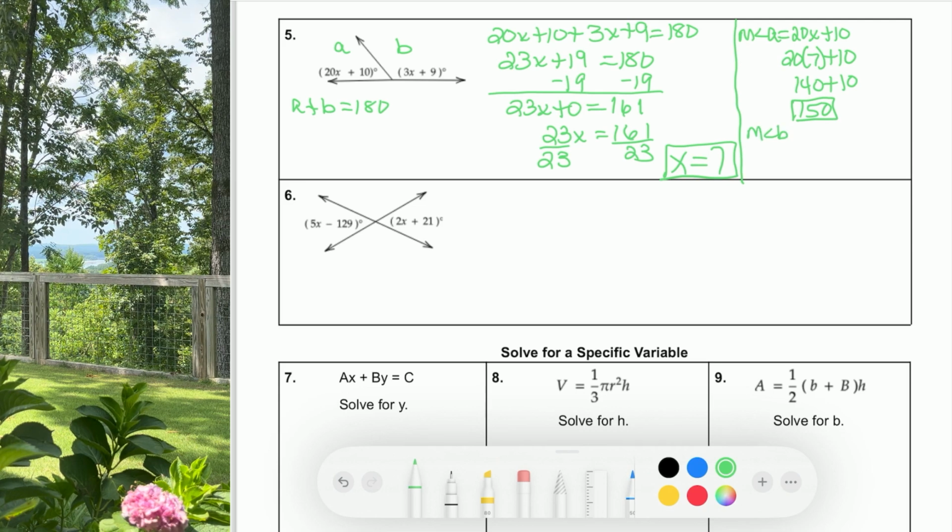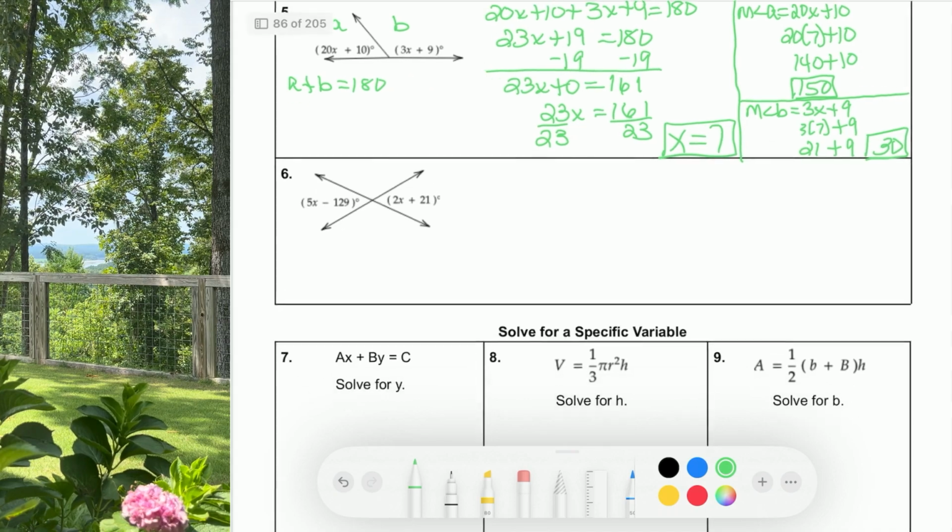Now for the measure of angle B. Draw a line there so we don't get confused. I get 3x plus 9. So 3 times 7 plus 9 is 21 plus 9. And the measure of angle B is going to be 30. 150 plus 30 is in fact 180, so it looks like we've done the problem correctly.